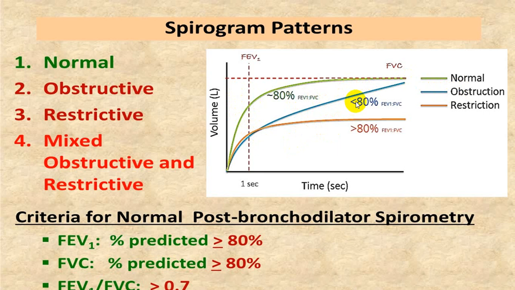That is taken as obstructive. While in case of restrictive, FEV1 is reduced, less than 80, FVC is also less than 80, and the ratio is more than 80, or we call normal, or more than 100. That we will label as restrictive.